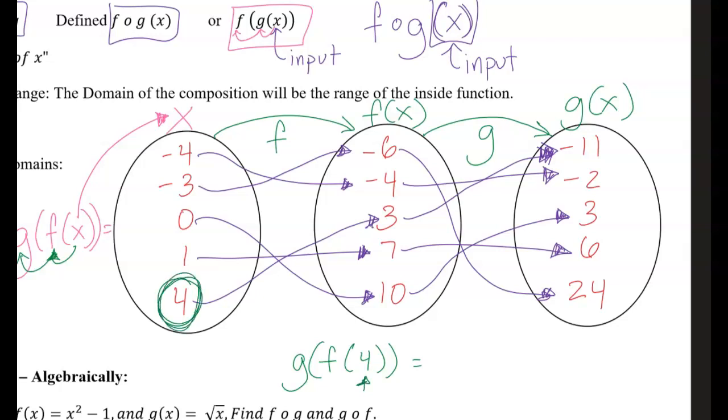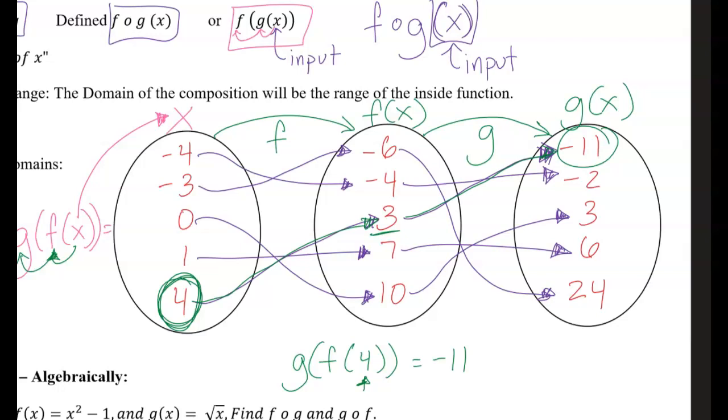I'm looking at 4 and I'm following the arrow. When I input 4, my f of x value is 3. And when I take f of x and input it into g, my output is negative 11. Meaning g of f of 4 is equal to negative 11. And you're done.